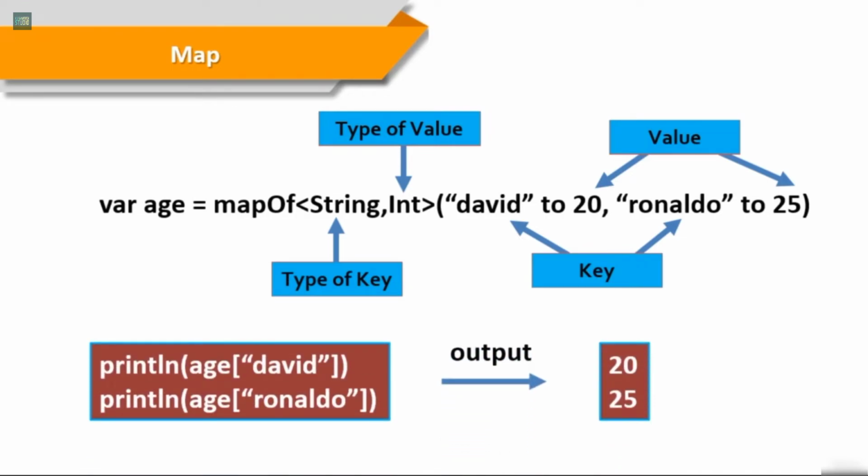In our example, to print the value 20 to the console, we will need to use the David key. And of course, similarly, to print the value 25 to the screen, we'll need to use the Ronaldo key.